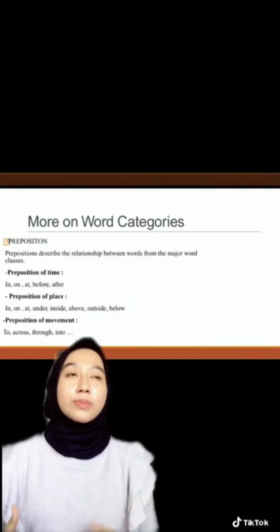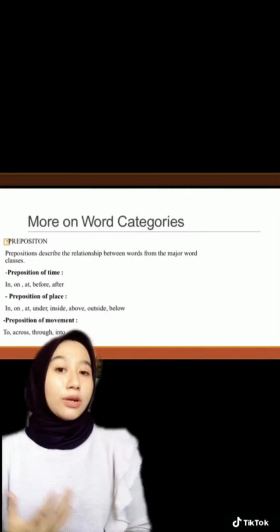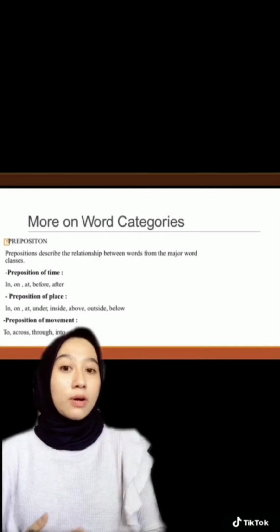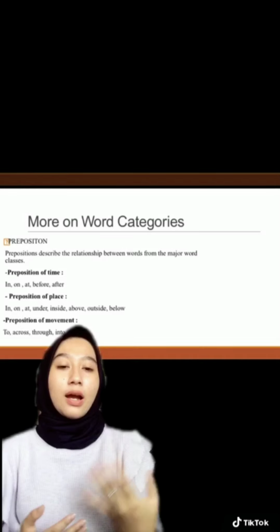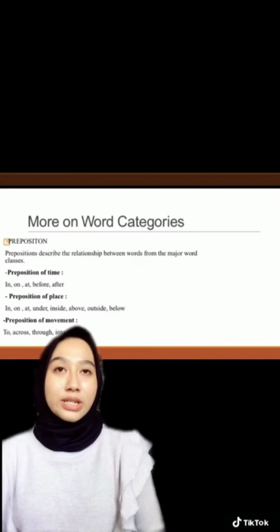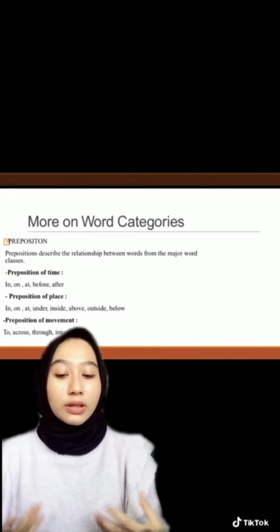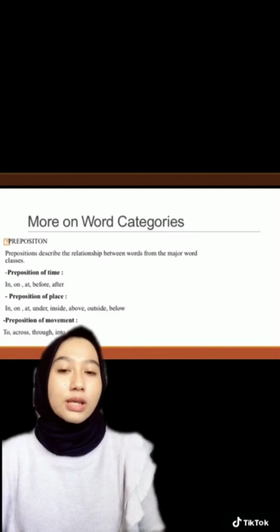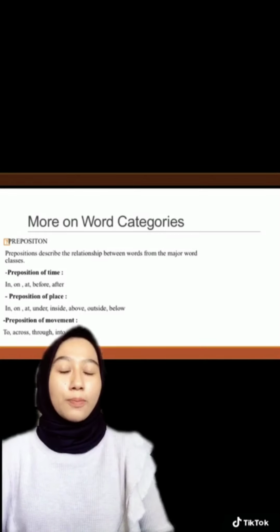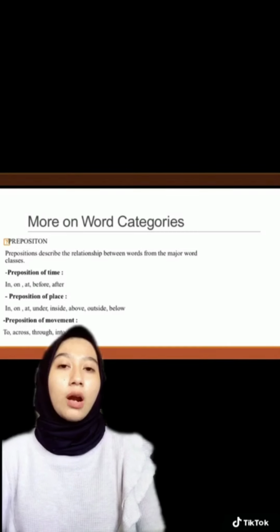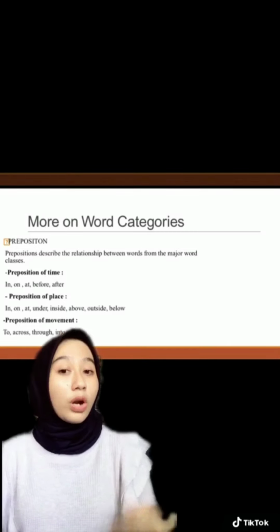I'd like to explain about the minor word classes. There are preposition and pronoun. The first is preposition. Prepositions describe the relationship between words. There are three kinds of preposition. The first is preposition of time: in, on, at, before, after.